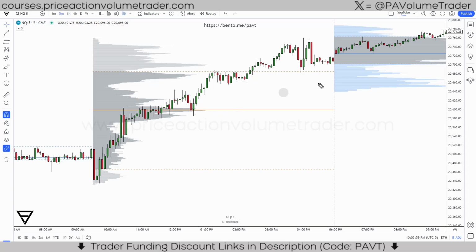The other problem is that you're left waiting for pullbacks that never happen. Like for example here, we have a very clear resistance level, the market broke out, so you're saying, oh, this would be a great area to wait for a pullback.